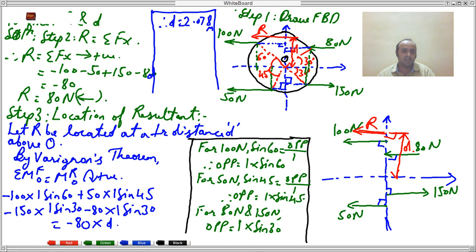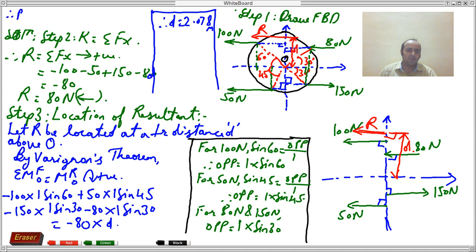Finally, therefore, R is equal to 80 Newton at D equal to 2.078 meter, located at D equal to 2.078 meter above O.